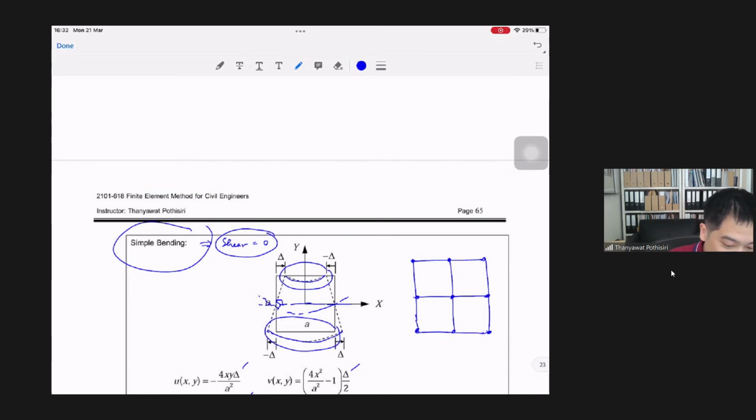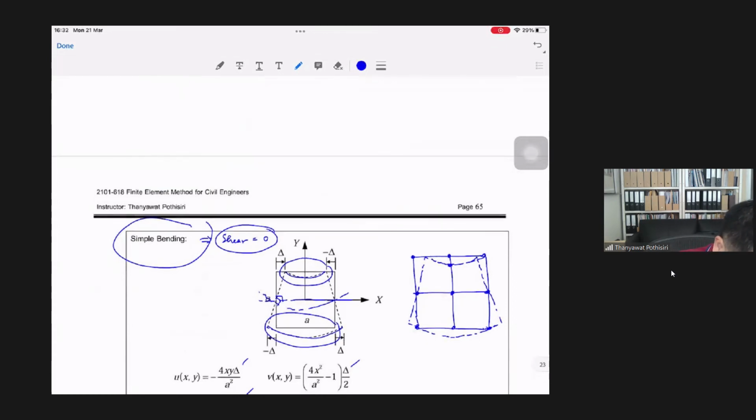If you compare this with the exact deformed shape, the exact deformed shape would look something like this. Now you can match this deformed shape better, even though you have a straight edge like this. You can now map this deformation better by using more elements, even though for each of the elements you still have to keep a straight edge.